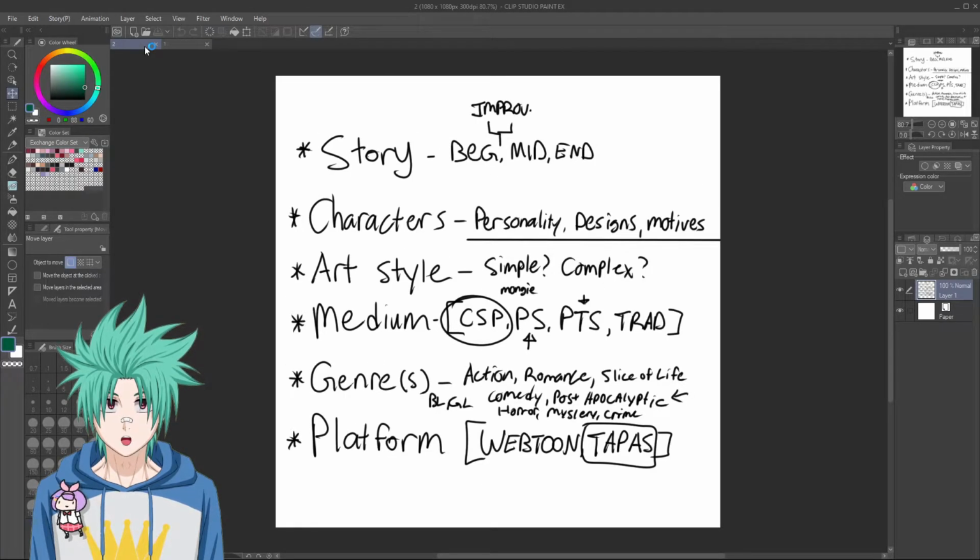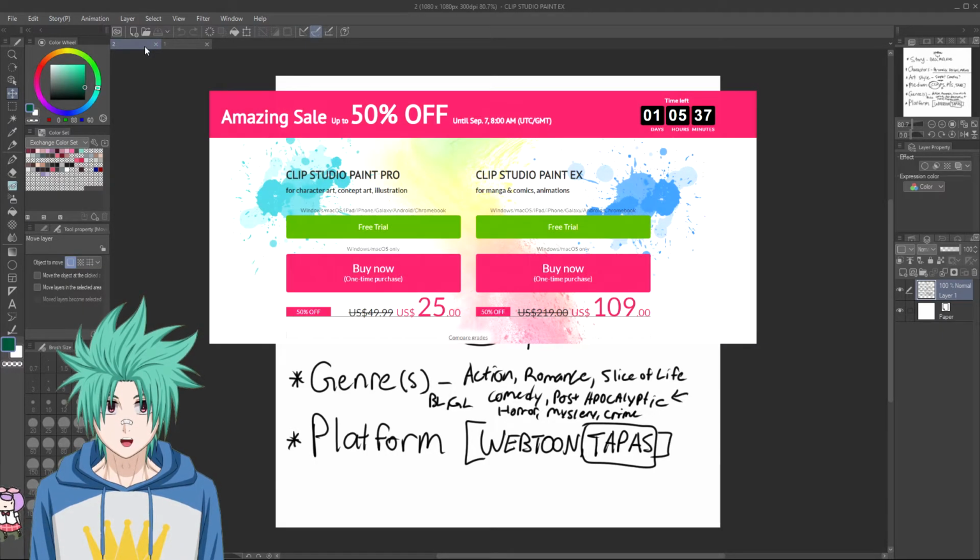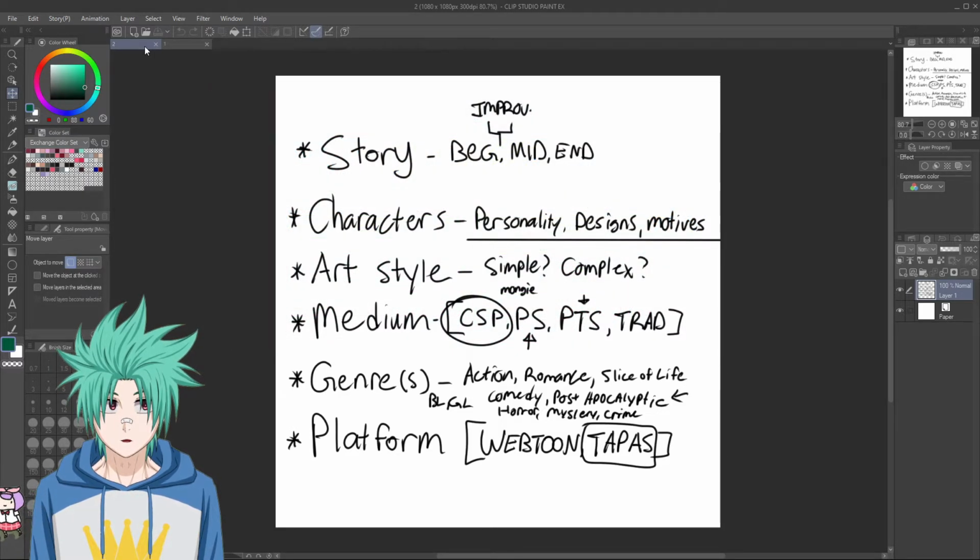Now currently, as I'm talking right now, Clip Studio Paint has a half off sale for the Pro and EX versions. I highly recommend you getting it if you're interested in Webtoons or you don't have a drawing software that's very reliable. I would go with Clip Studio Paint.